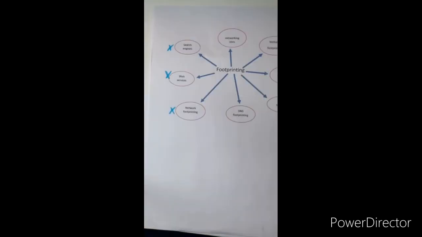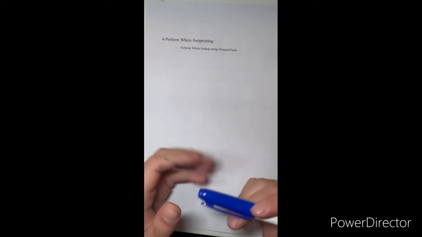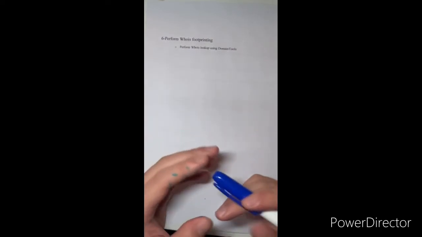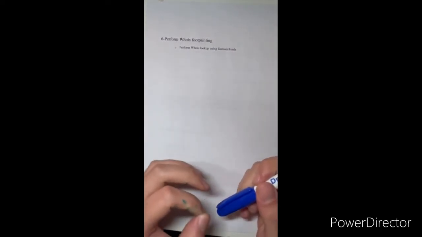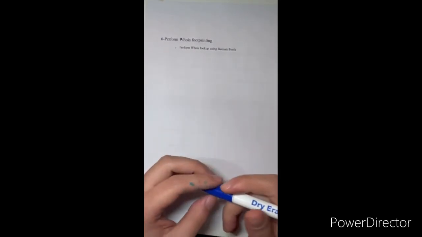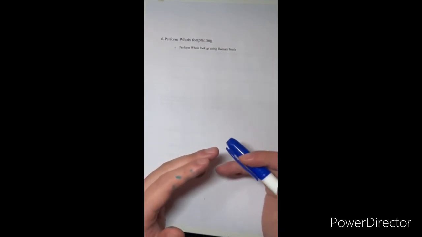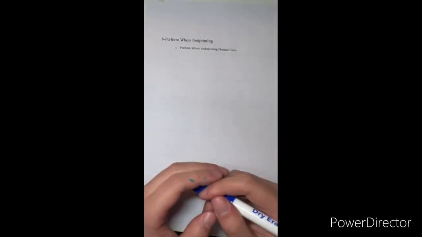After that, we'll be jumping on Whois footprinting. During the footprinting process, gathering information about the target IP address and domain obtained during the previous information gathering steps is so important. It's crucial, I mean. So as a professional ethical hacker, you should be able to perform Whois footprinting on the target.